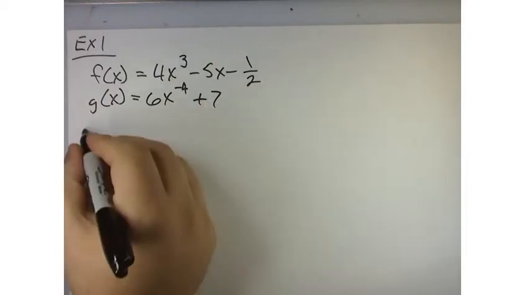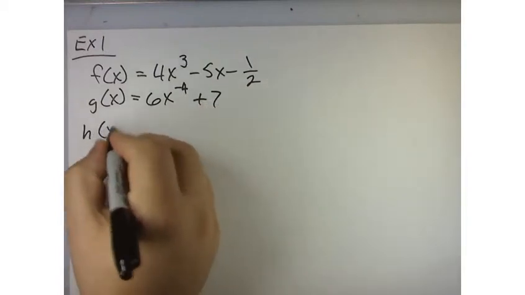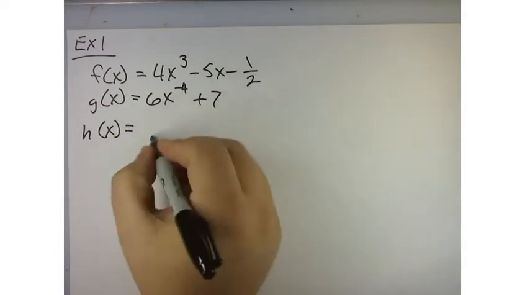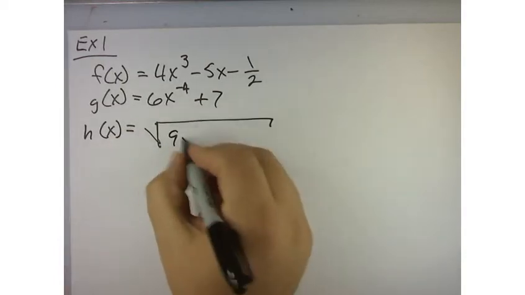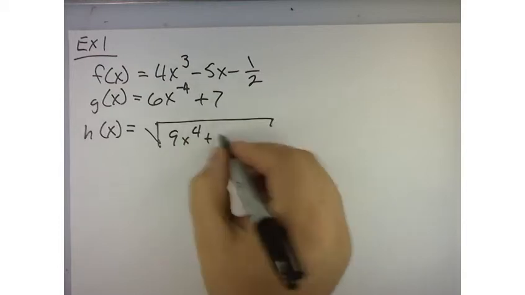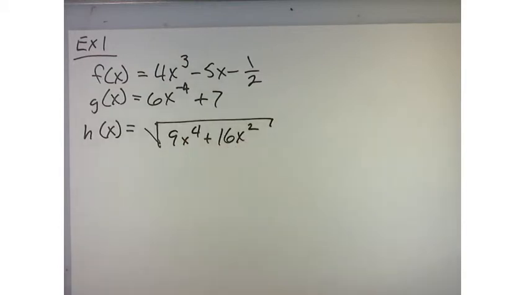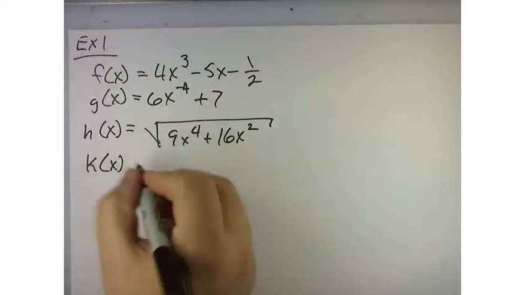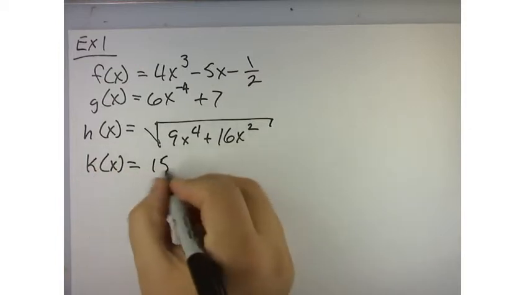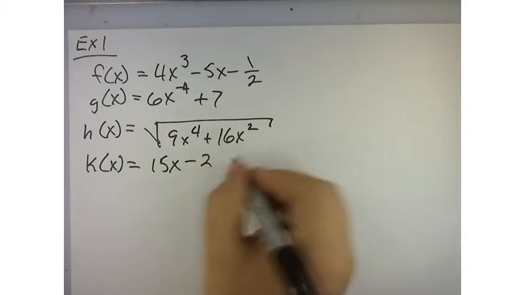Then we're given h of x, which is the square root of 9x to the 4th plus 16x squared. And then k of x, which is 15x minus 2x to the 4th.